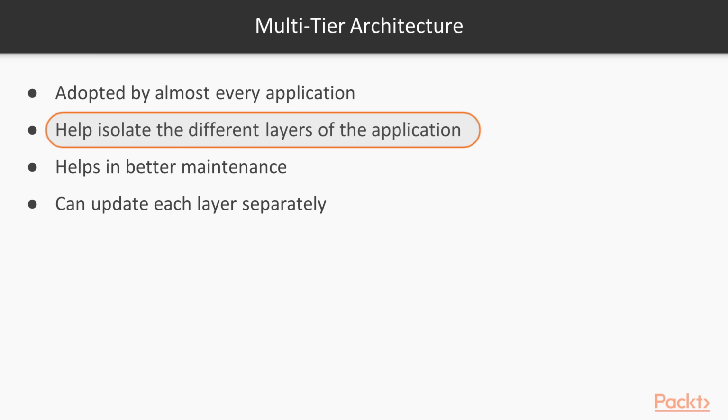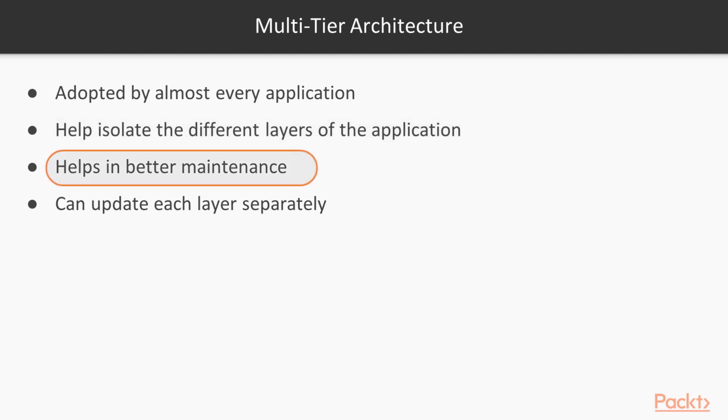You could have your web tier, which is responsible for creating the content which will be delivered to your users. And then you have the database tier or the data tier that's responsible for managing the underlying data for the application. This is how you can isolate those different layers of your application.